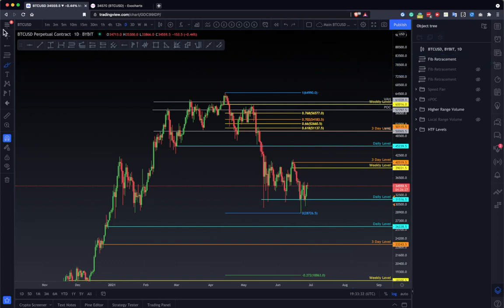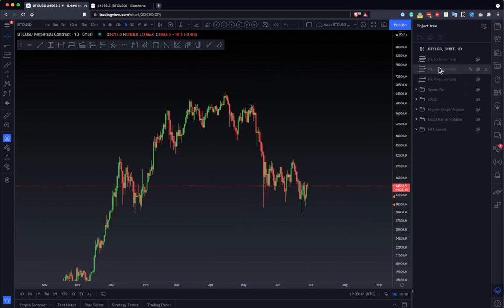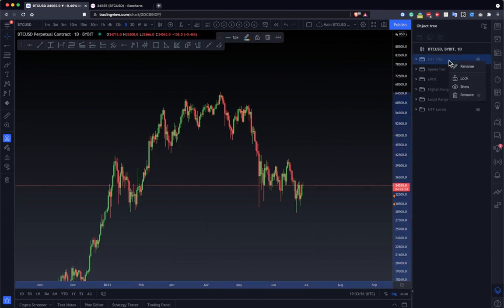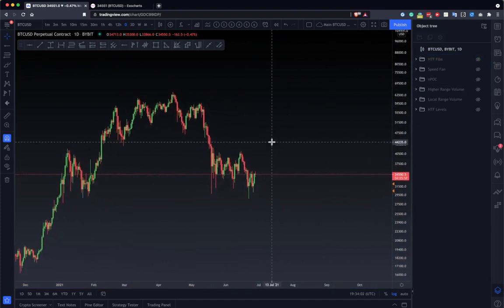So these are the high time frame FIBs. Actually, they are almost high and medium time frame.